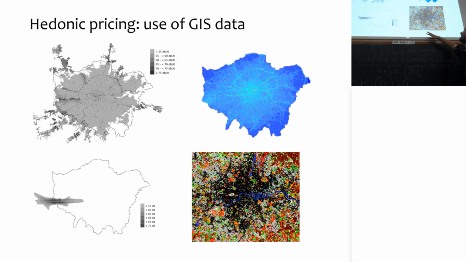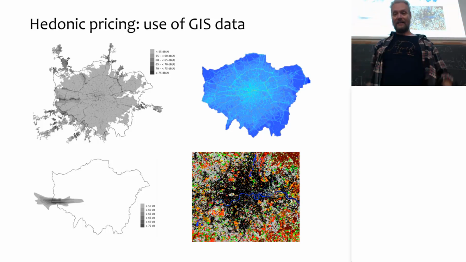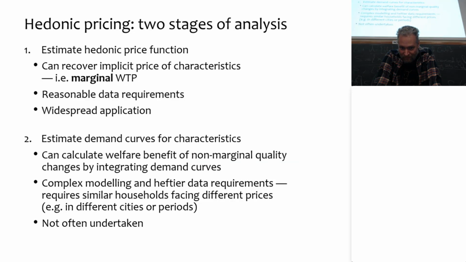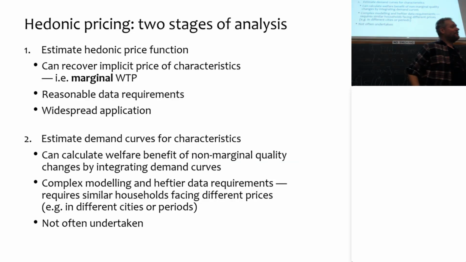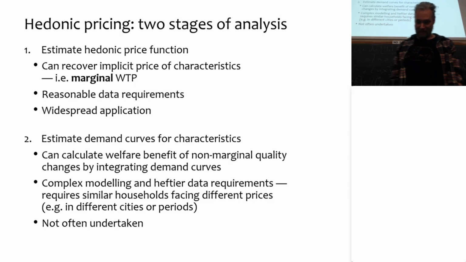This is London, and the black is housing, and the grey may be industrial, right? Something like that, and all that needs to go into your model, right? So what do you do? You estimate your hedonic price function, and then you can manipulate that function and integrate under it to find the consumer surplus.